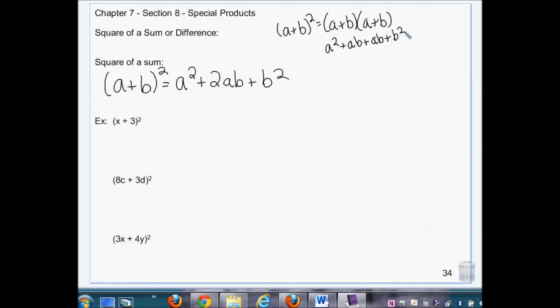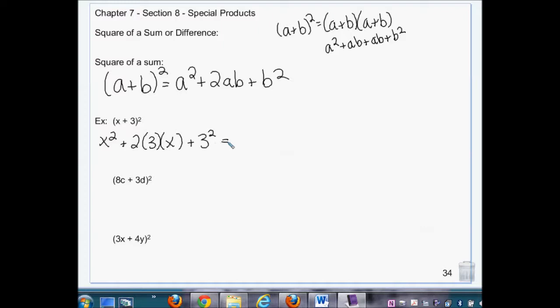So if you see a square, you don't have to do all the FOILing and the tabling and all that stuff. You can just do the pattern. And the pattern is to take the first term and square it. Then I take these and I multiply them together times 2, and then I square the last term.